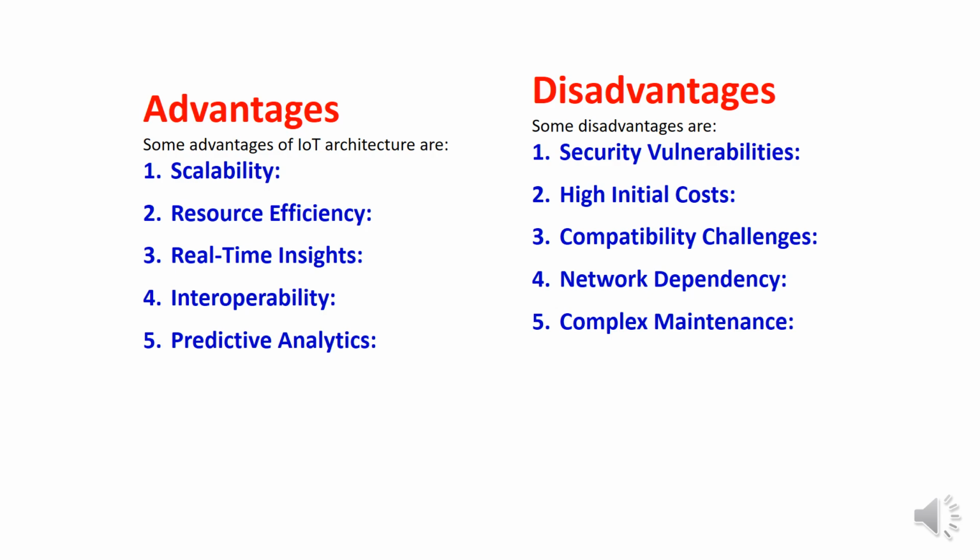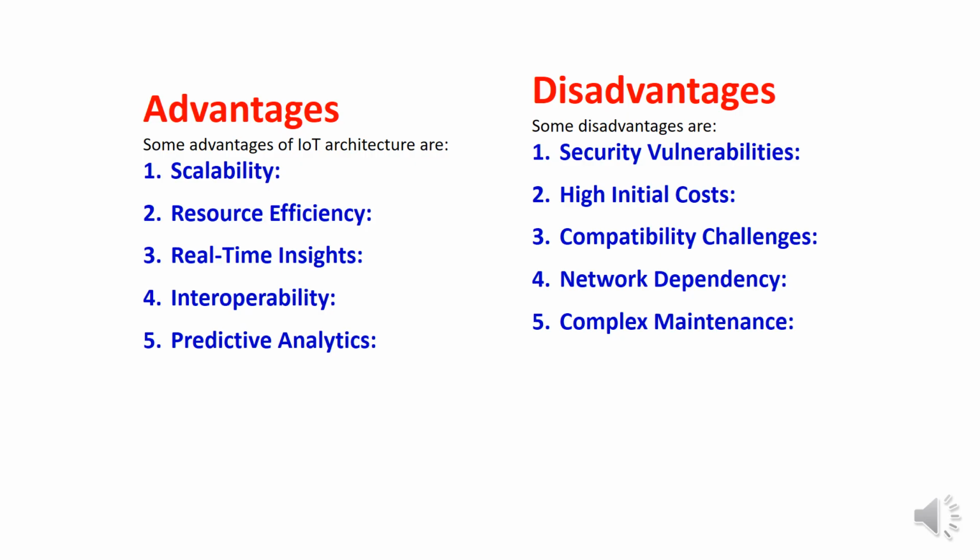Interoperability allows cross vendor device communication through open protocols to improve connectivity in diverse environments. Predictive analytics forecasts equipment failures and workload functionalities using AI models to reduce unexpected downtime.